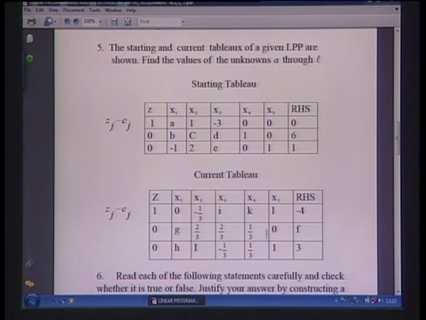So when you multiply this by C2, you should get 2 by 3 and 1. So you have the equation for finding out C. This will really help you to become very familiar with the pivoting rules and the working of the simplex algorithm. So that's the idea behind problem 5.